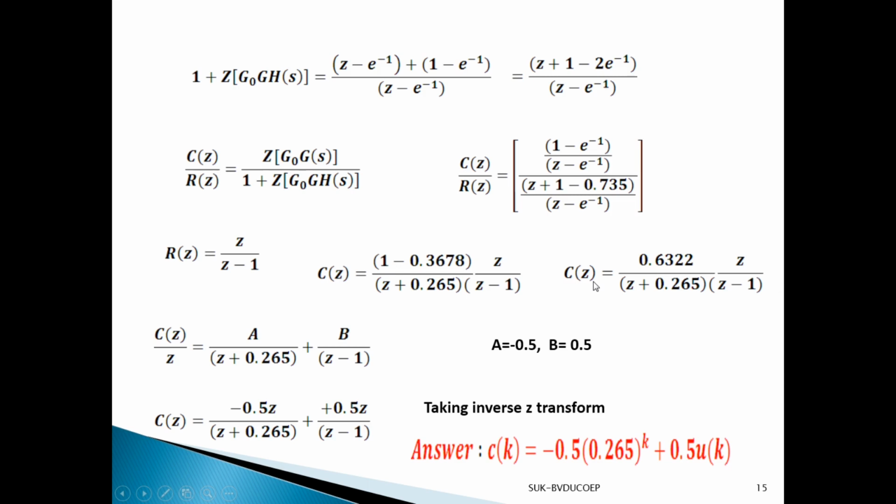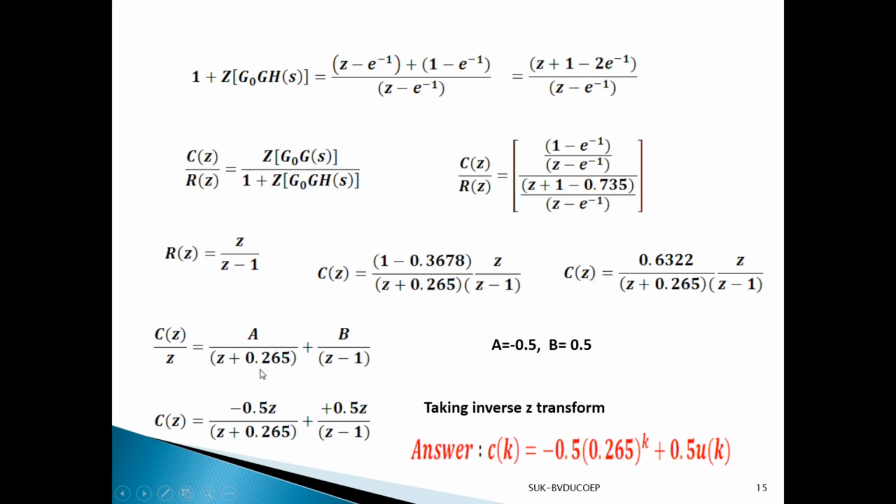Then again you have to take partial fraction expansion, and then you can calculate C(k). Same procedure as in your transfer function calculation, to find the C(t) for step response of the continuous time system. Same way you try to remember or apply the logic.